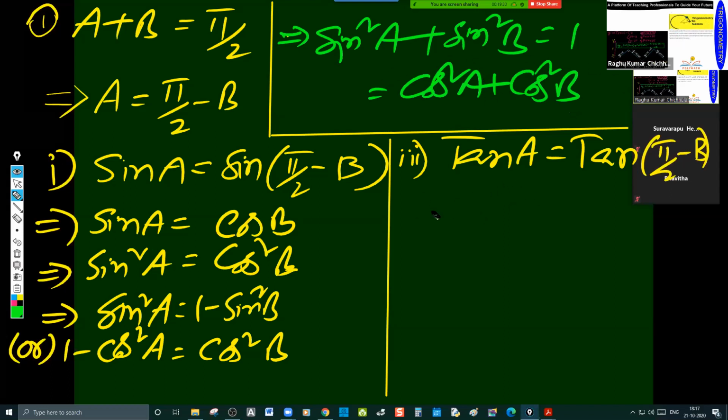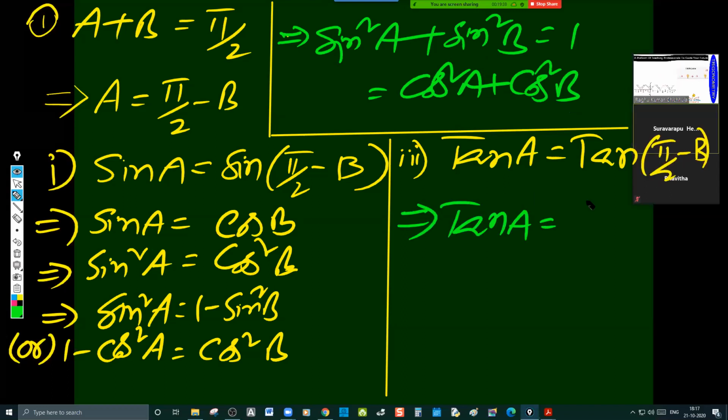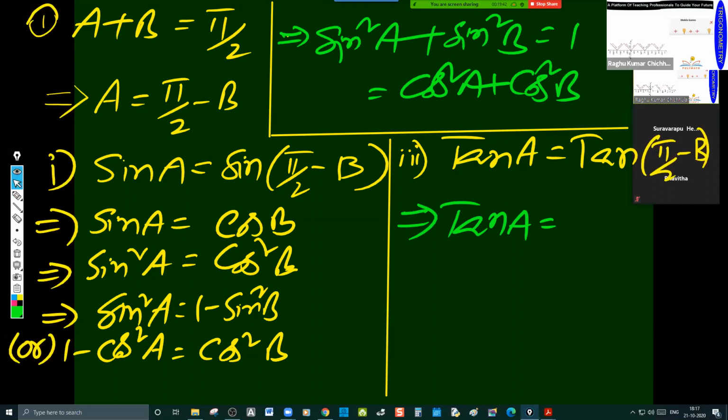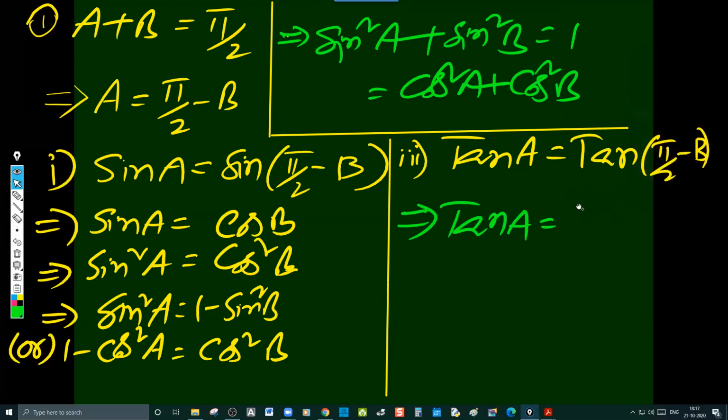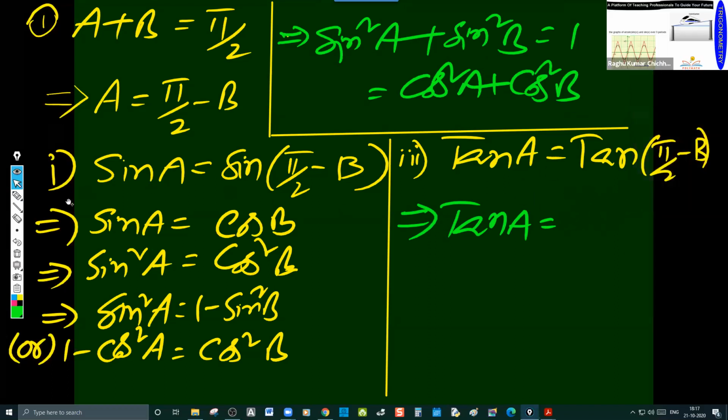Now tell me similarly, what is this? Tan a is equal to cot b. Very good. Squaring on both sides? No need to square. You must know the reason why we are doing the operations here.